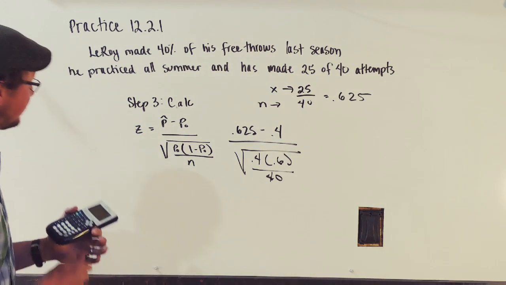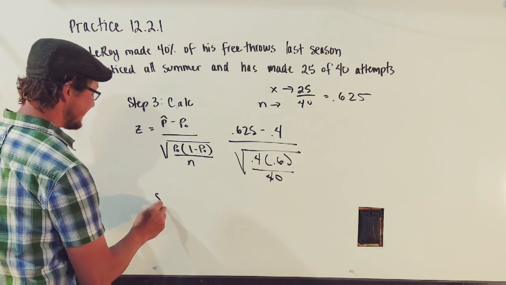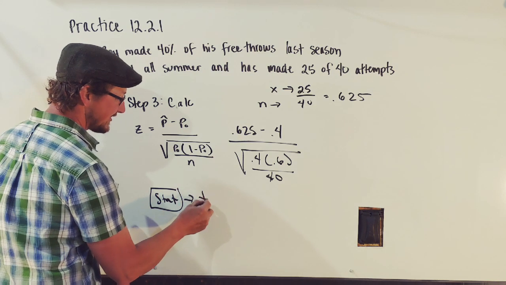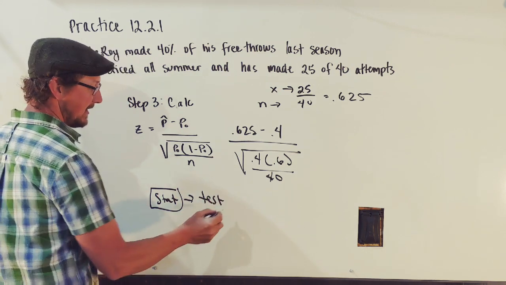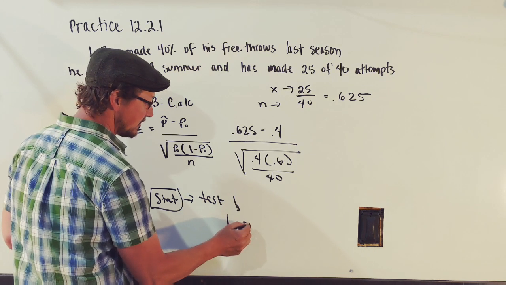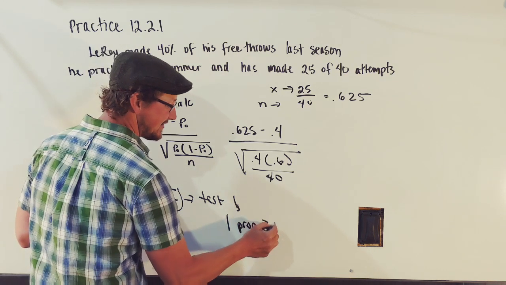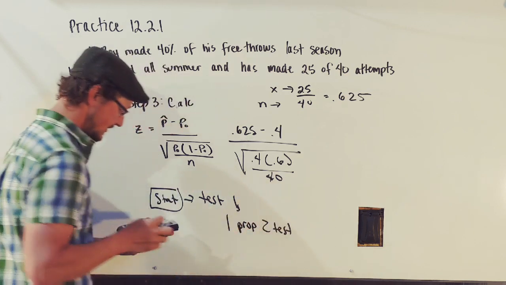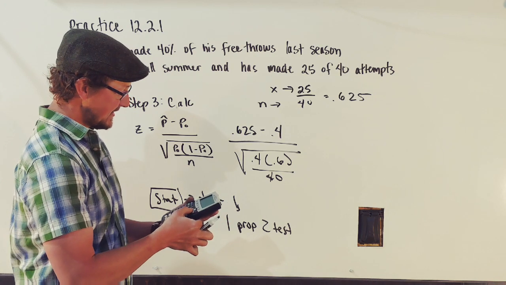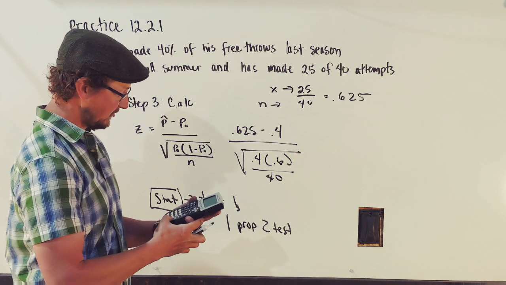Again, in order to do this, you're going to hit the stat button. You're going to go over to tests, and then you're going to go down to a one proportion z-test. So stat, over to tests, down to a one proportion z-test.